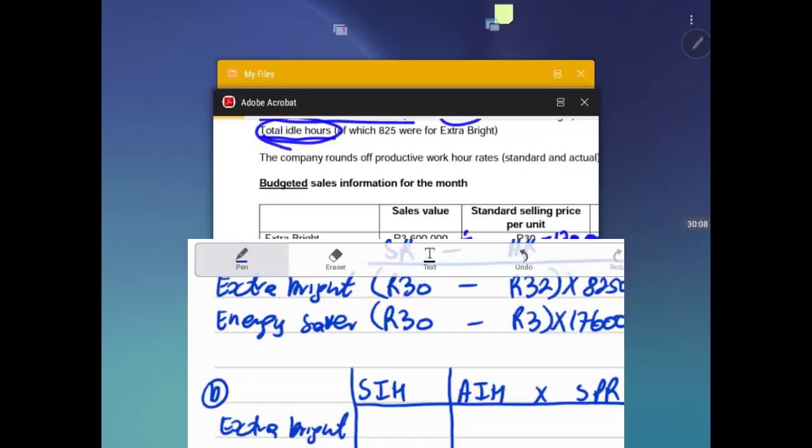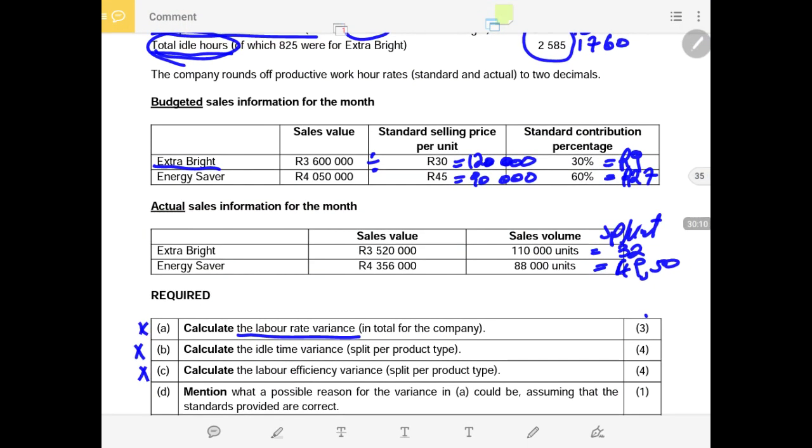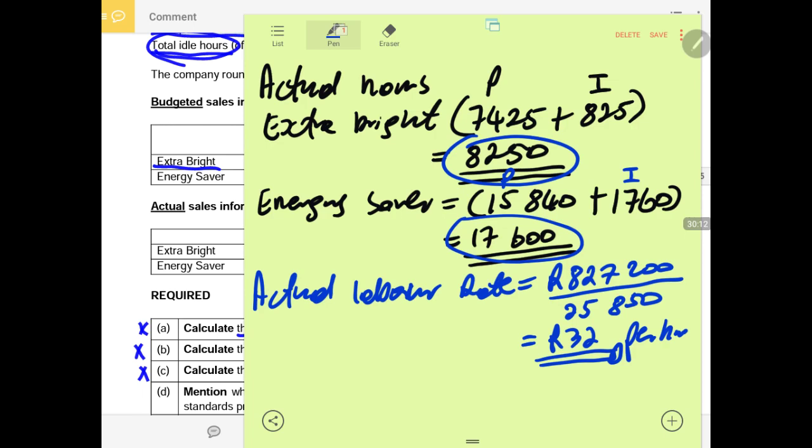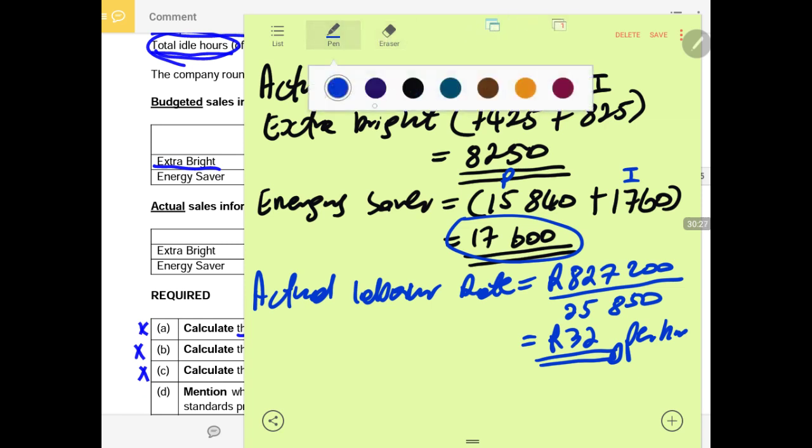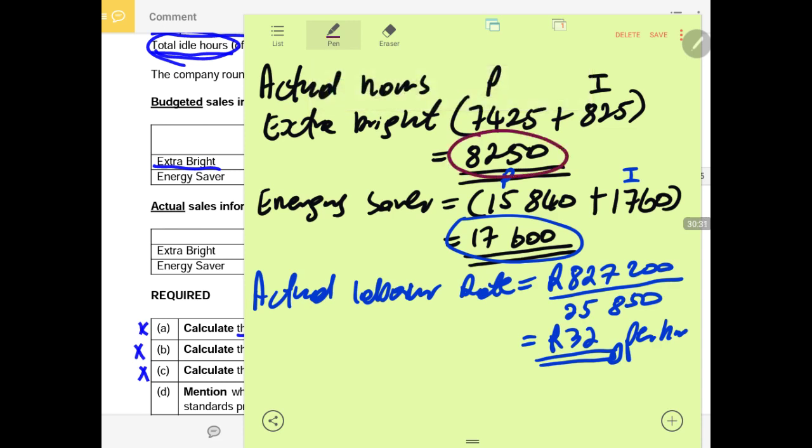Now let us go and look at our standard idle hours. Now we had our actual hours, remember, for each of the products. Our actual hours for the first product, we know that it was calculated to be the sum of 8,250.